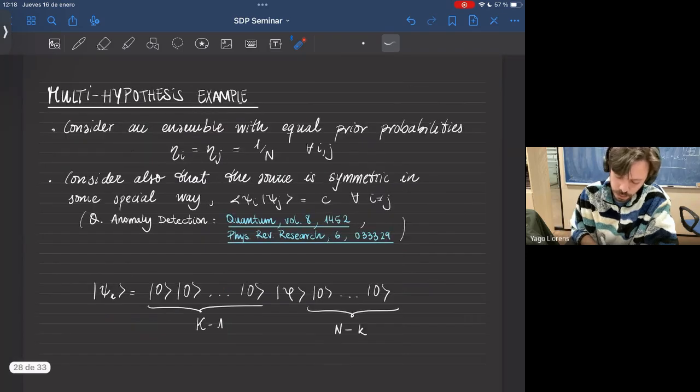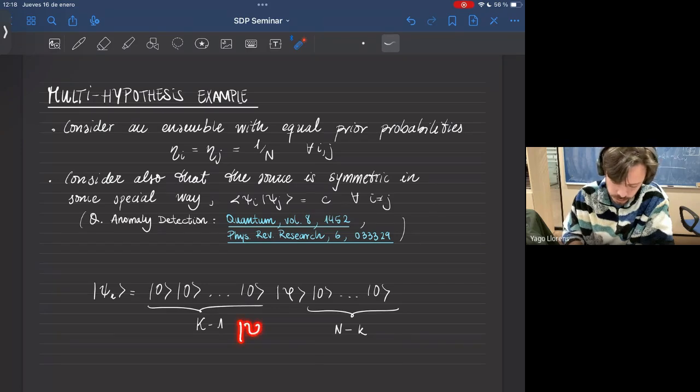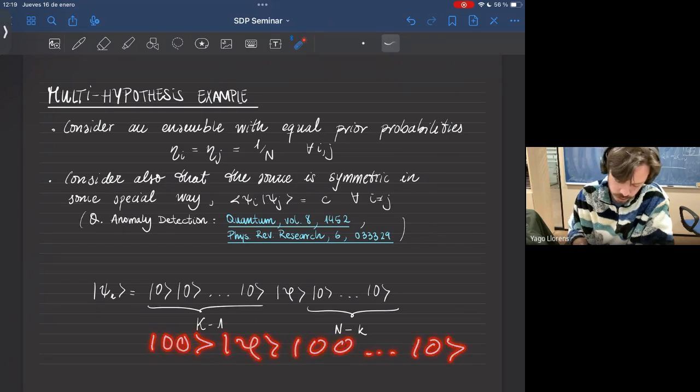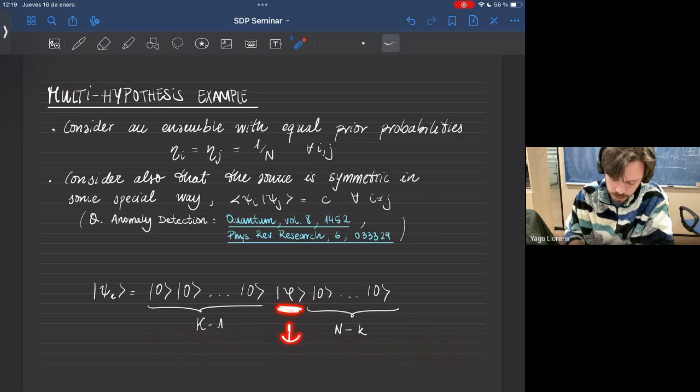If we go to the example I told you before, which is something we've done in the past, consider that the ensemble has equal prior probabilities, 1 over n, for every hypothesis, and also that the source is symmetric in this special way: two hypotheses have overlap C, or let's say C squared.